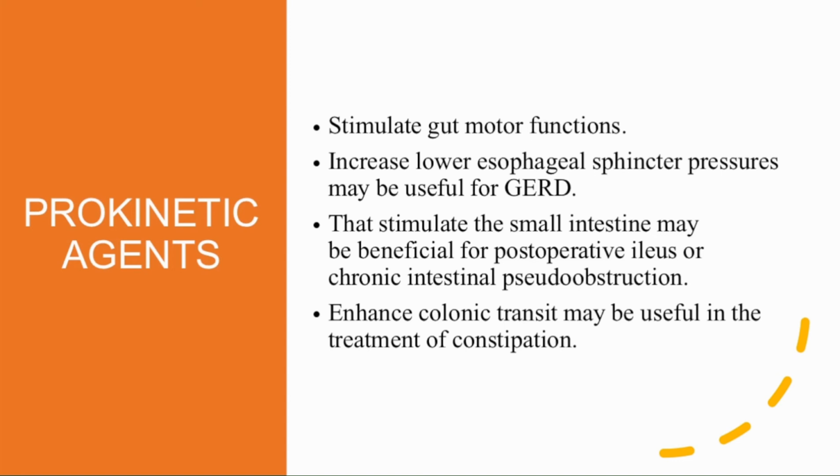This refers to peristalsis, which is the progressive wave of contraction and relaxation of a tubular muscle system, or in this case, the esophagus. They increase lower esophageal sphincter pressure and enhance gastric emptying, but have no effect on small intestine or colonic motility. So prokinetic agents are used in the treatment of GERD, or gastroesophageal reflux disease.